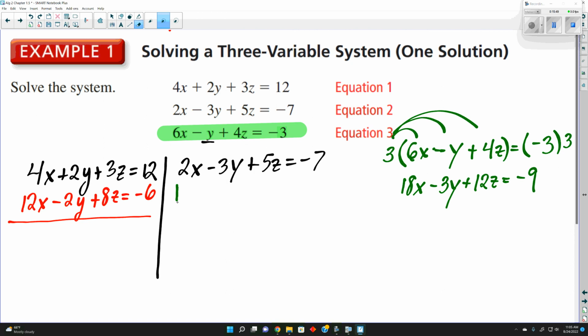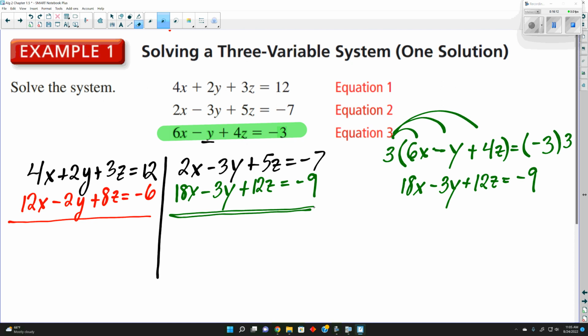And once we do this, we can put it underneath. So 18x minus 3y plus 12z equals negative 9. And again, the whole goal for this first step is to take it from 3 equations with 3 variables to 2 equations with 2.